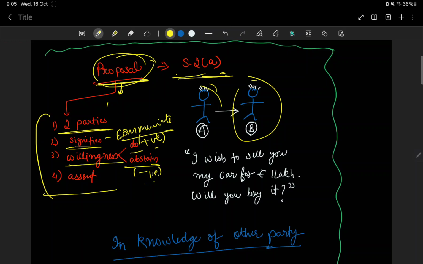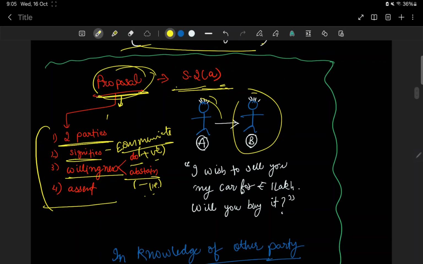Now to understand this definition, let's see an example. This is person A and this is person B, right? Now person A says to B, I wish to sell you my car for rupees 1 lakh.